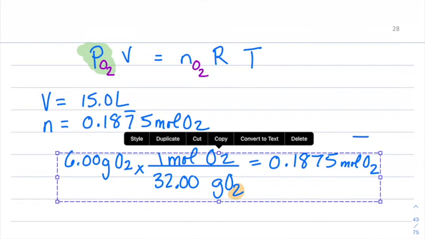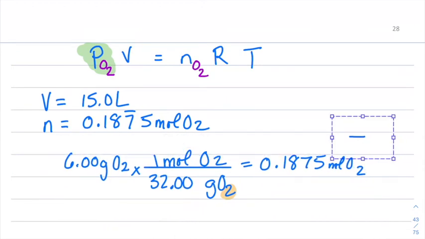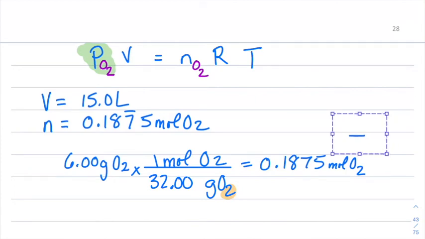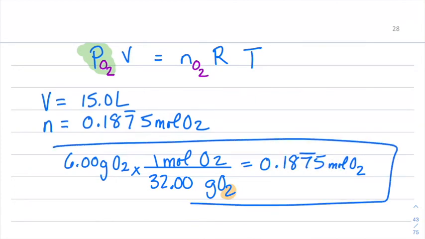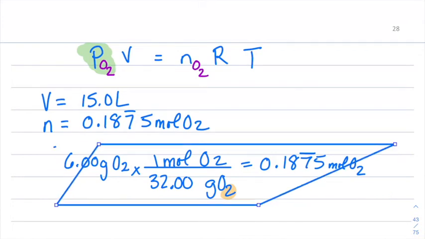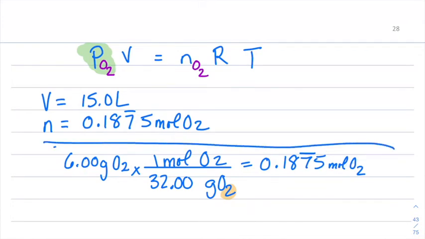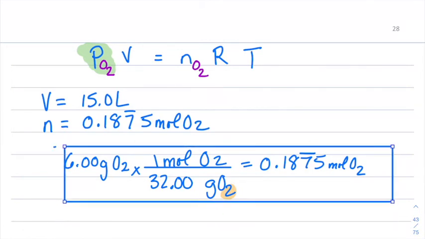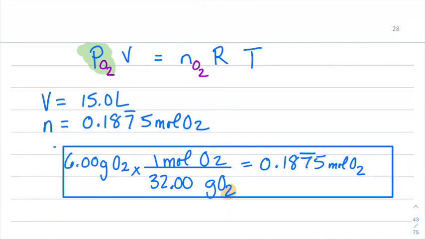I'll go ahead and put this aside like so. I'm going to put a little box around this just so this is a little aside on how we found our moles. Here we go. All right, so any questions on how we got our volume or our moles?